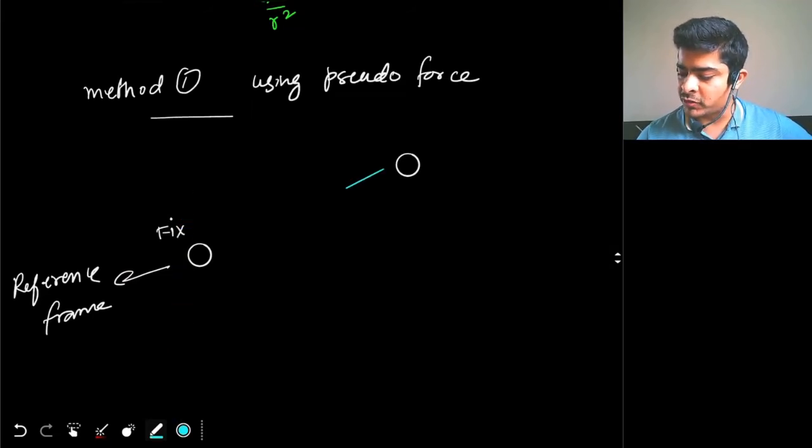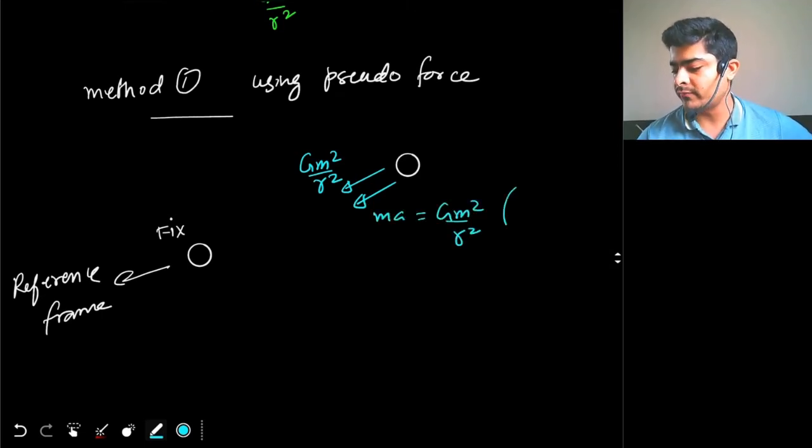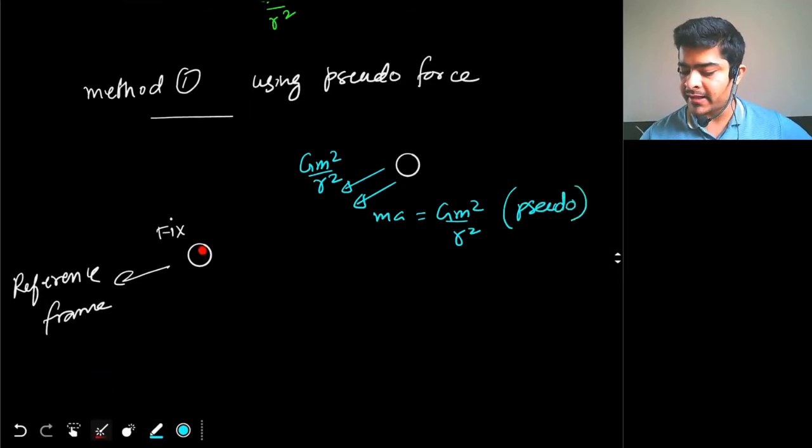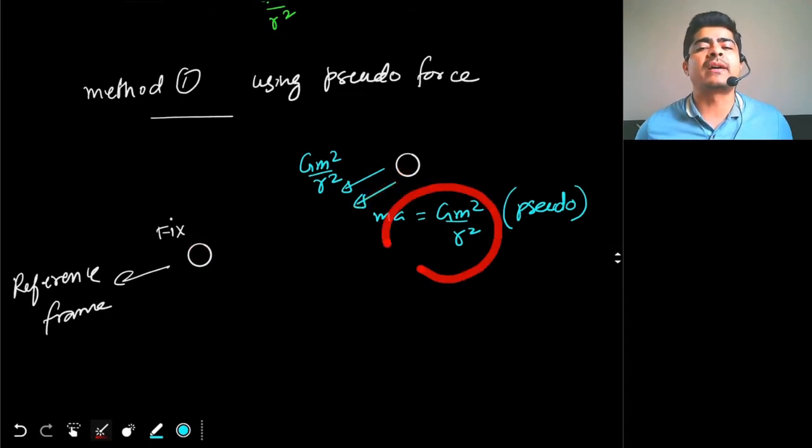One is obviously the mutual gravitational attraction, G m square by r square, and the second force is mass into acceleration, ma, equal to again G m square by r square. This is the pseudo force. Because this particle had acceleration in this direction, with respect to this particle the second particle is experiencing a pseudo force ma in the backward direction, which is equal to again G m square by r square.